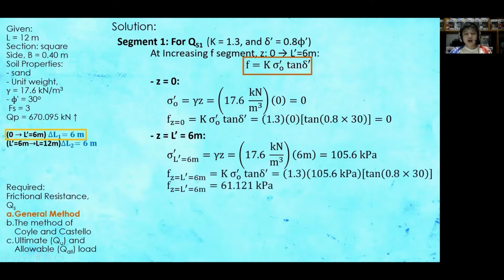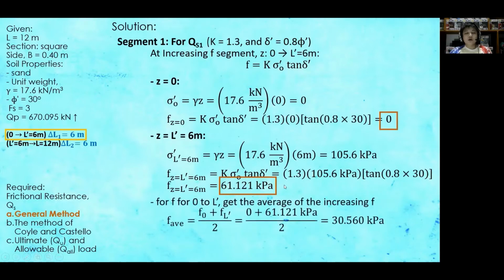So for our F, if we will now substitute our K, that is 1.3, our sigma O prime, 105.6 kilopascals, and our tangent of delta prime, which is 0.8 of our phi prime, that is 30 degrees, the F value is equal to 61.121 kilopascals.